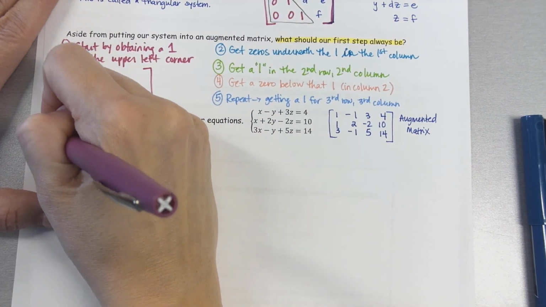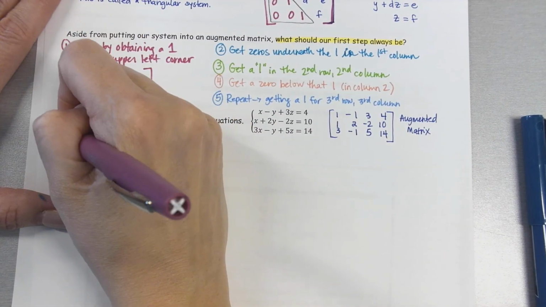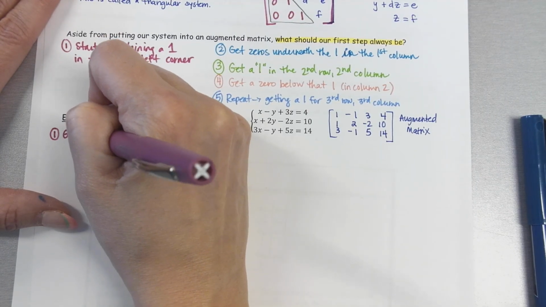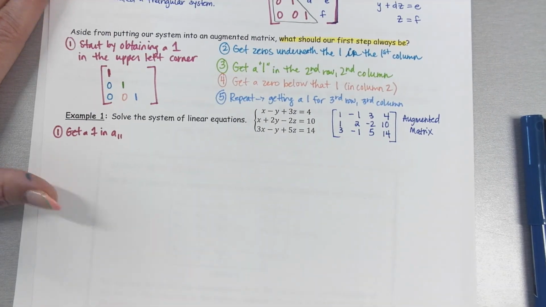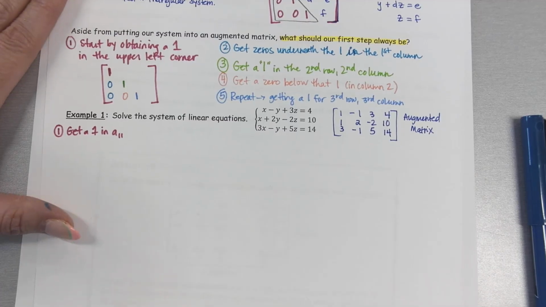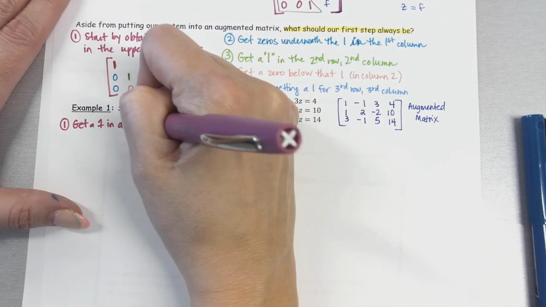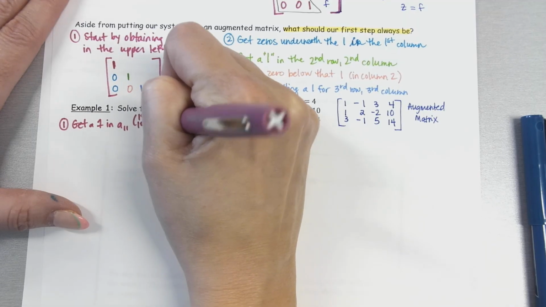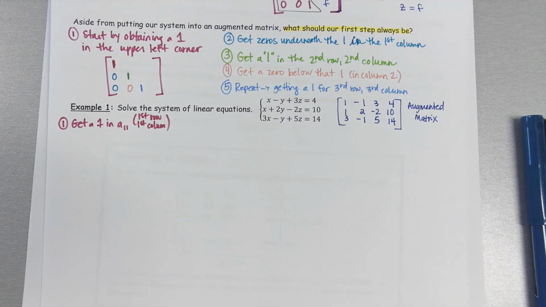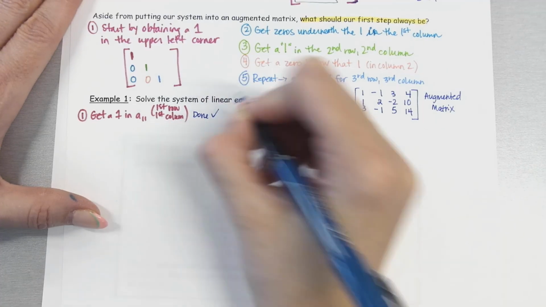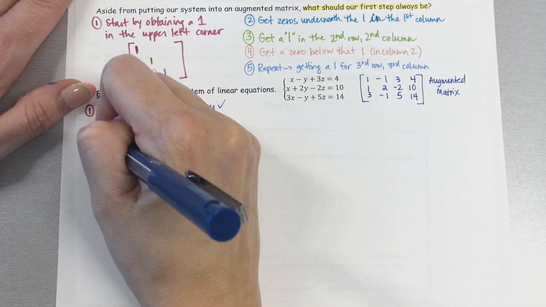Because we're only doing one example together, I am going to write the directions down so you can use this for all of yours. So get a 1 in A11. Remember, A11 we learned earlier today means first row, first column. In this case, it's already done, so we can just write our matrix here.